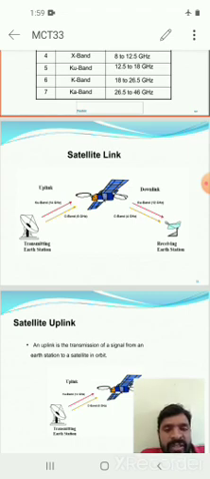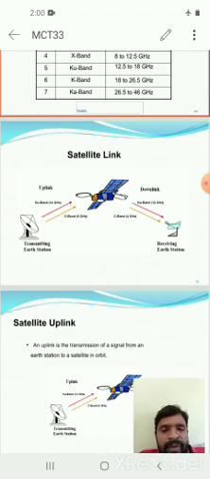The earth station transmits, the satellite receives, and then the satellite transmits and the receiving station receives. The frequency range used to transmit from earth station to satellite, and from satellite to earth station, is known as the satellite link.